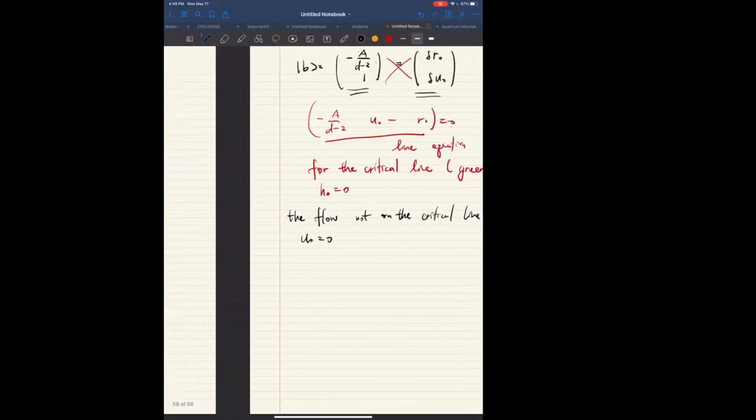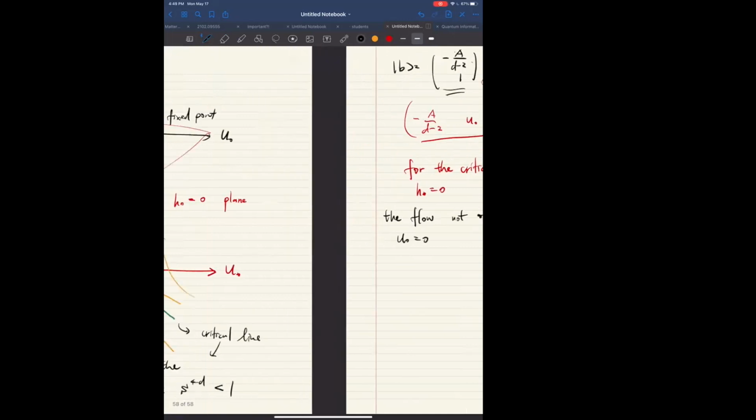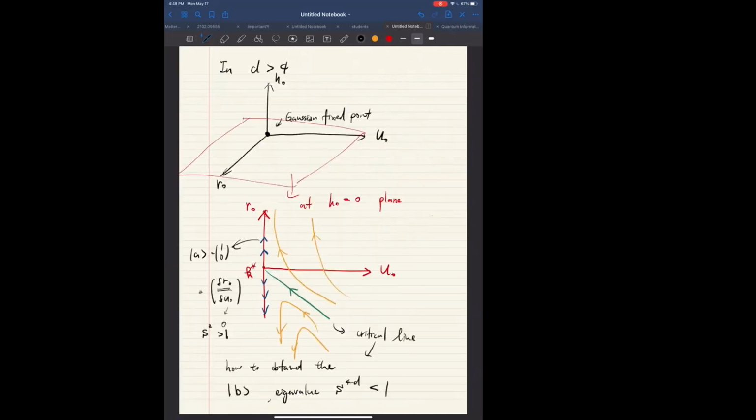So I want to understand how the orange line flows. So this can be chosen as a random initial condition.